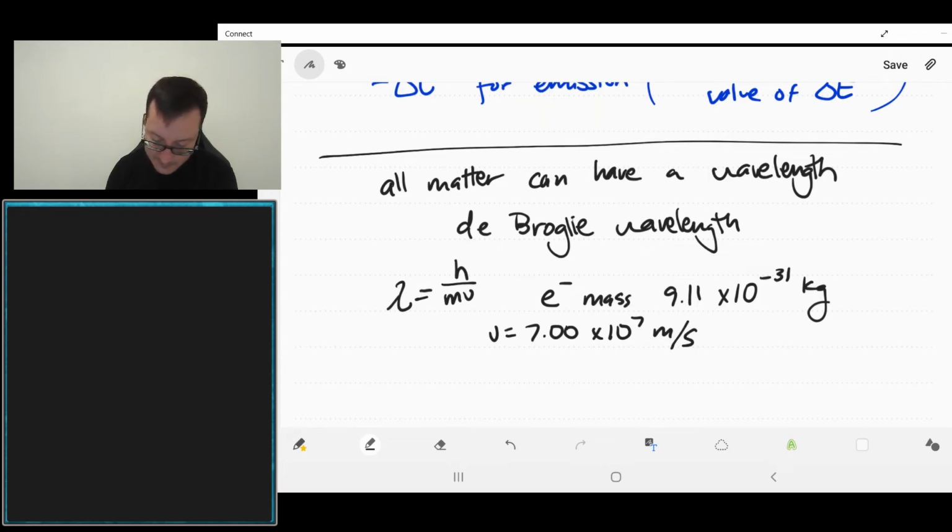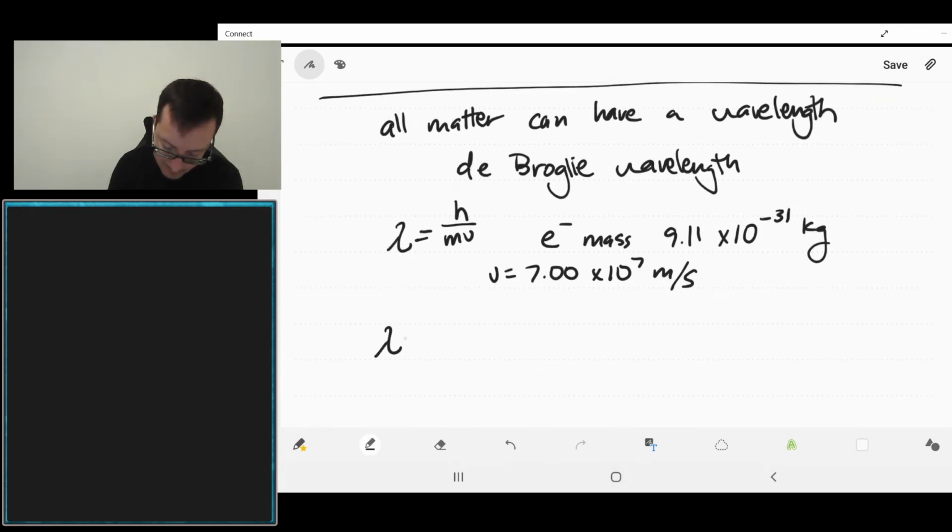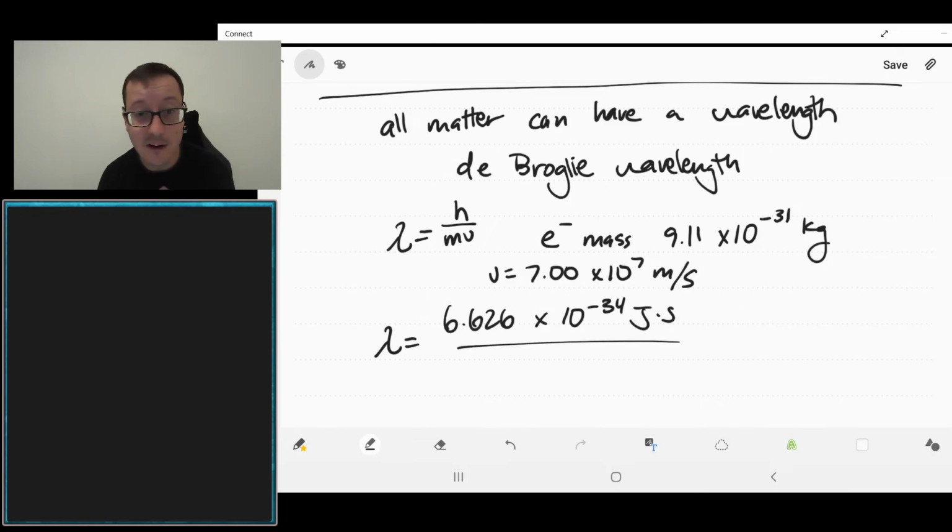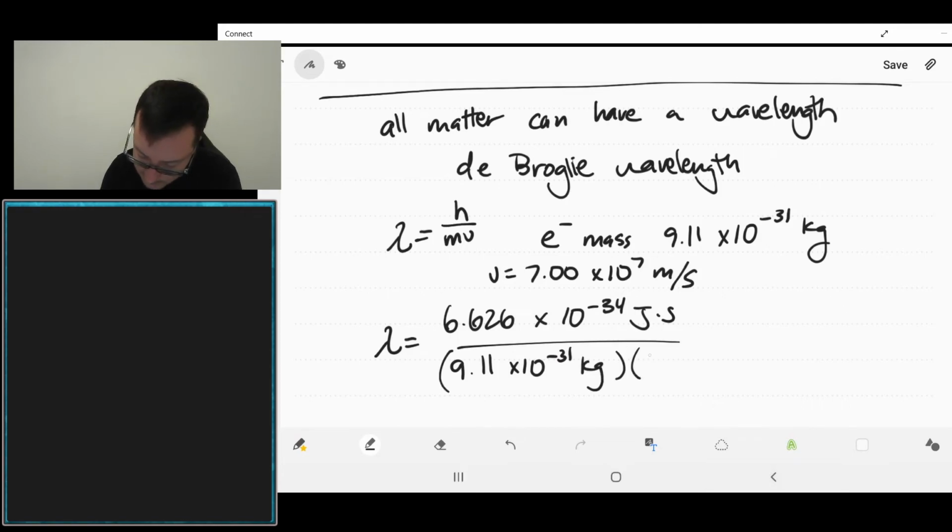So let's do it. Planck's constant. I feel like you've probably already memorized it just by writing it 15 times now. Mass and velocity are our momentum, so we'll put that there: 9.11 times 10 to the negative 31 kilograms, and then the velocity, 7 times 10 to the 7th meters per second.